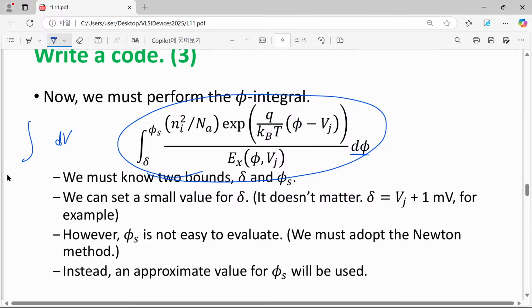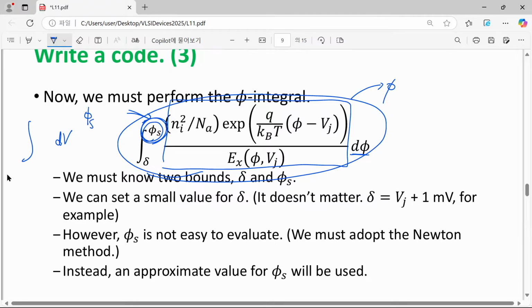Then how can you do that? First of all, we have to evaluate this integrand at a given phi value and perform the adding up of the Riemann sum once again. However, we must stop at this bounding value phi sub s. One way is, before starting this integration, first calculate phi s and stop there.